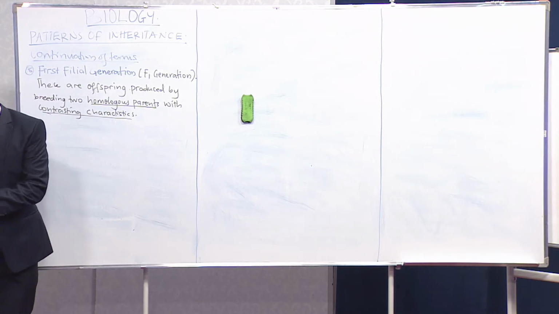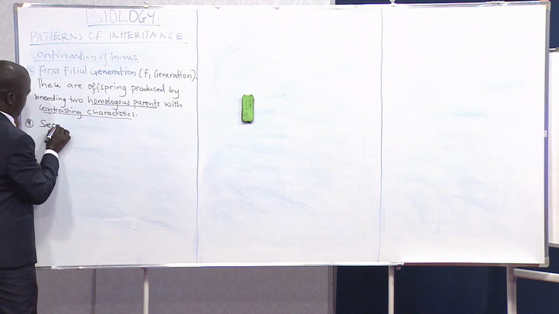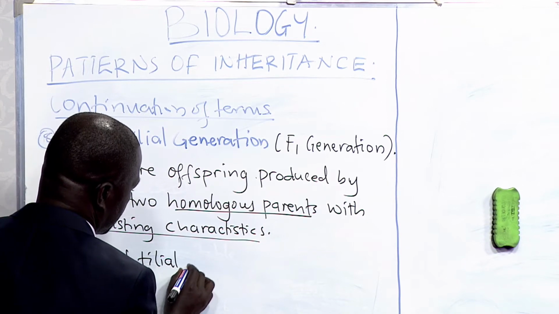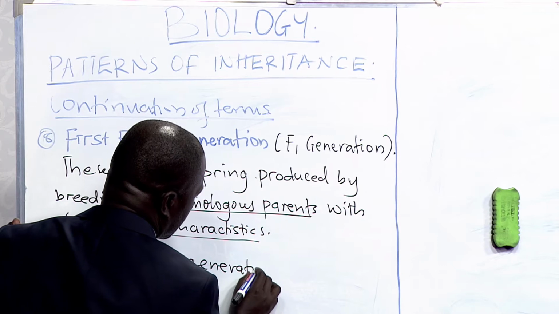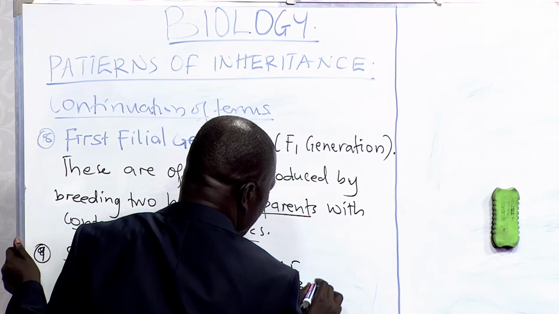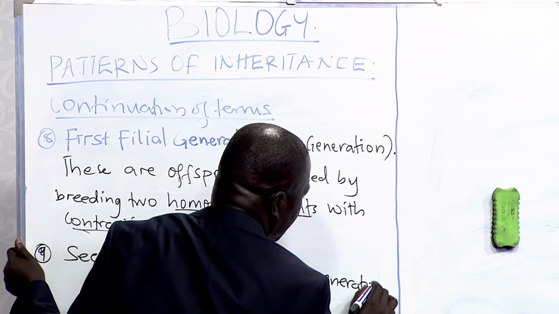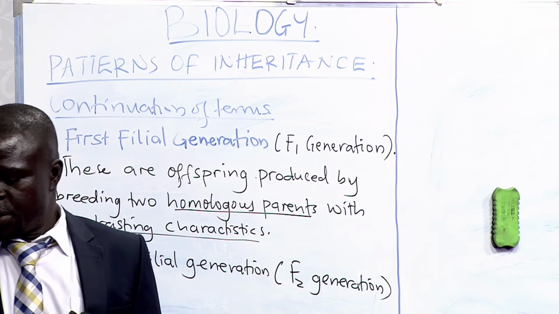Term number 9 is the second filial generation, or we call it F2 generation. These are also offspring, but which offspring are they?